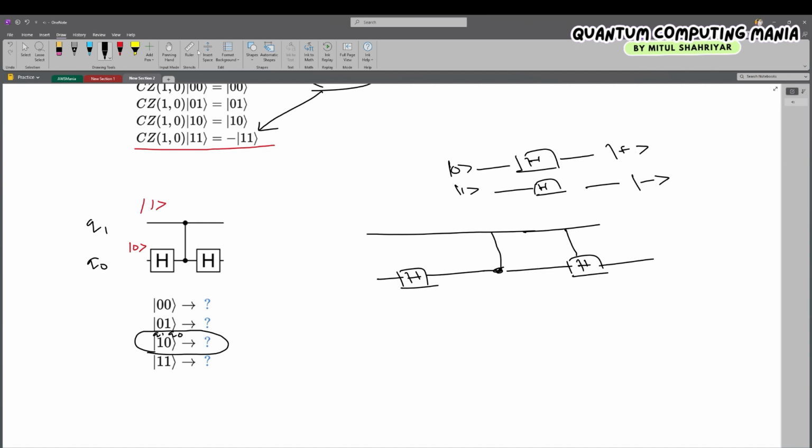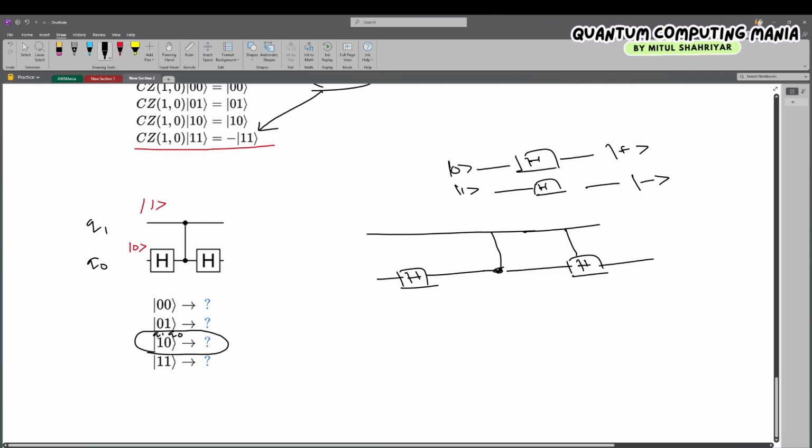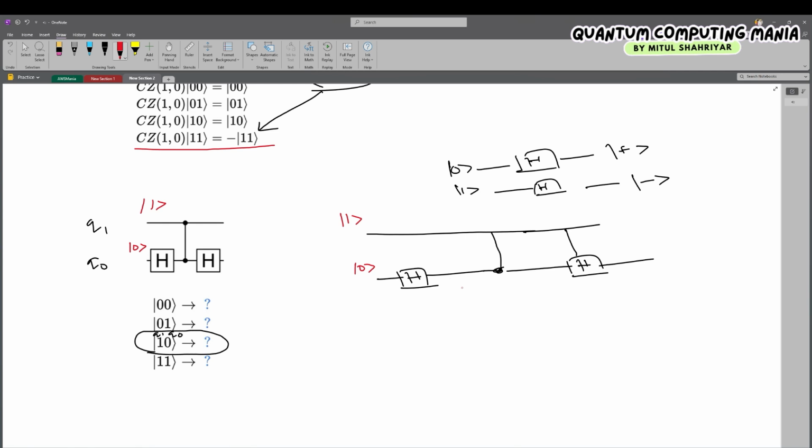Okay, let me write 1 0. What we can do is, wherever there are changes, we can create artificial partitions, like these partitions. You can see this is basically the Z gate. Okay, control Z. So you can understand what's happening here.